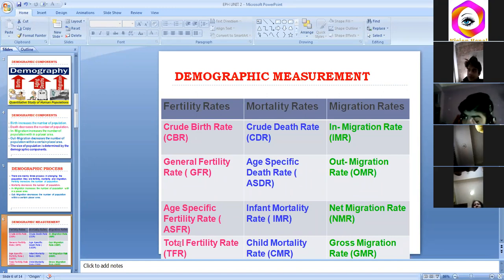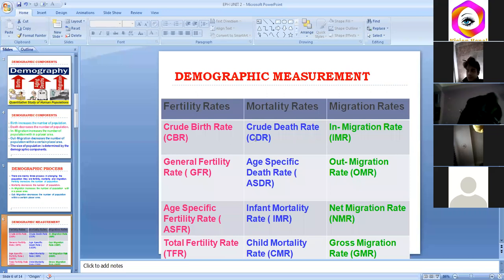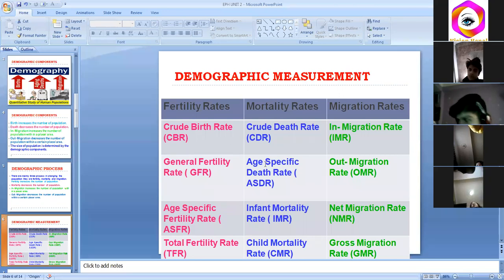Similarly, mortality rate can be measured within these rates. That means CDR, crude death rate, likewise CBR for birth. Then age-specific death rate, infant mortality rate, and child mortality rate.